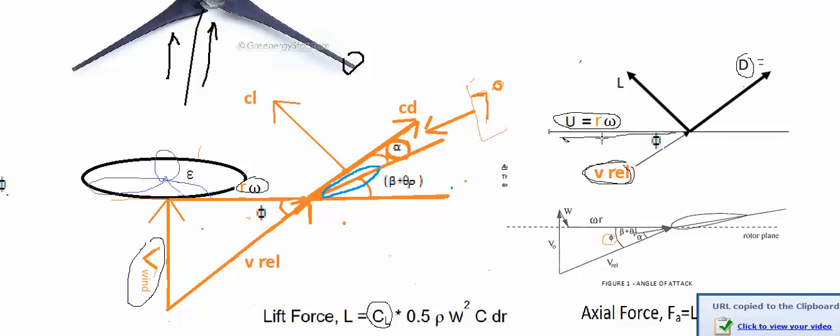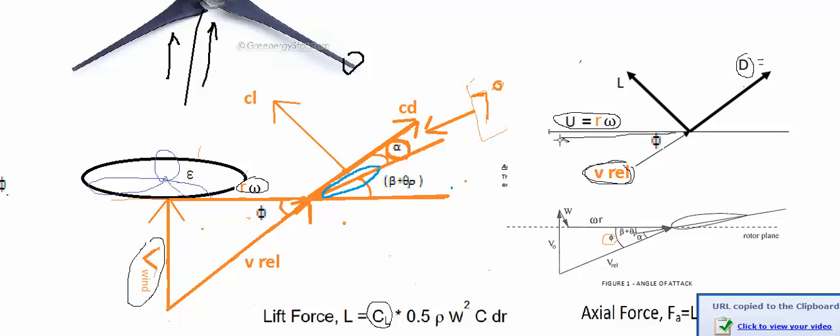So this is the direction which is our interest, isn't it? Because we are interested in the tangential force. So in the next video we'll discuss the tangential force, which is really important and is a function of lift and drag force. We'll derive it, and then we'll derive the power.